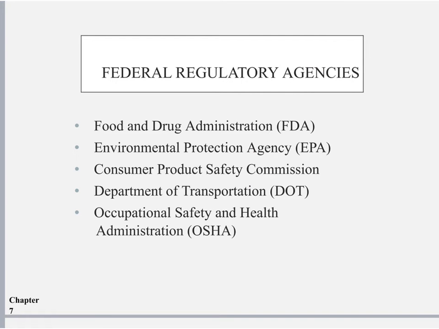All right, so when we look at what federal agencies are involved with drugs, toxicology, alcohol, these are going to be the different ones that have regulatory agencies. So obviously Food and Drug Administration would fall into there. Environmental, the EPA, Protection Agency, because remember we said it's not only what chemical are you putting in your body, but it's also what chemical may be entering your body without you even knowing it.